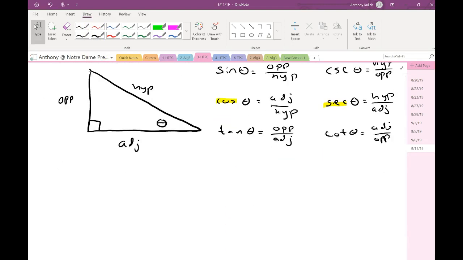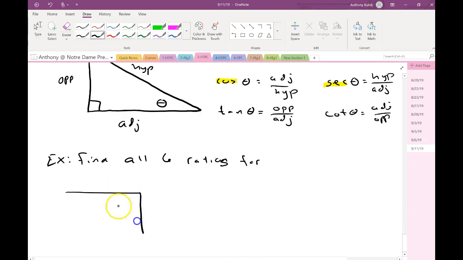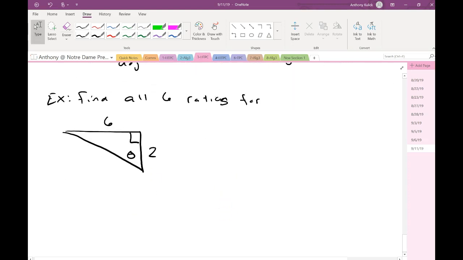So let's do an example. Let's say we're asked to find all 6 of the trig ratios for this triangle in question.